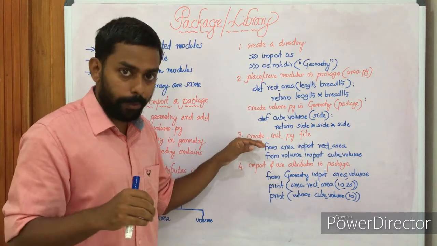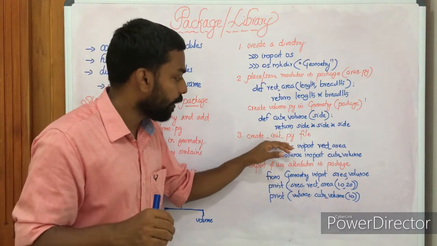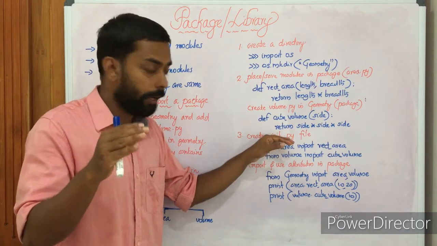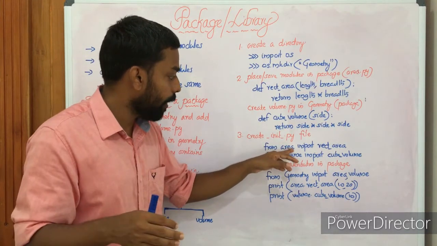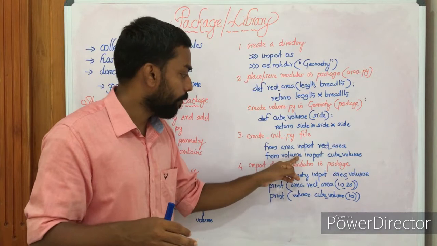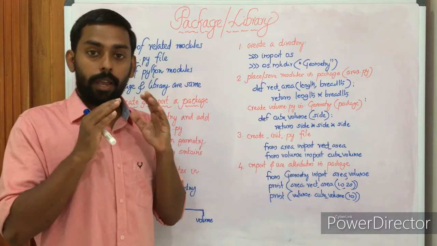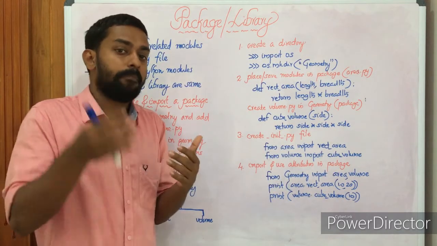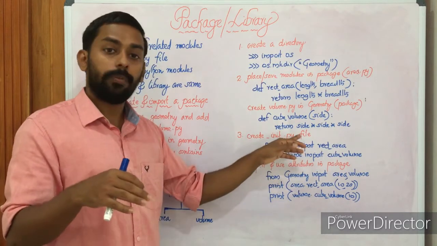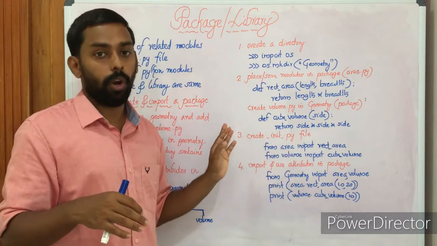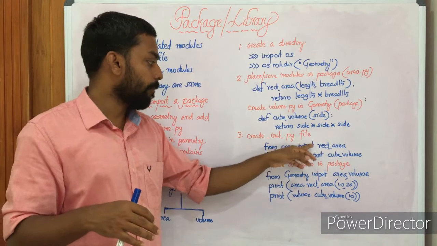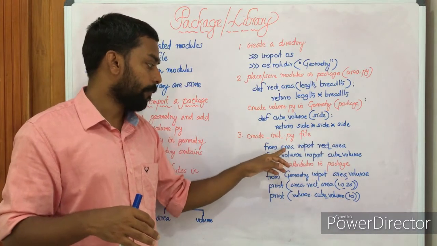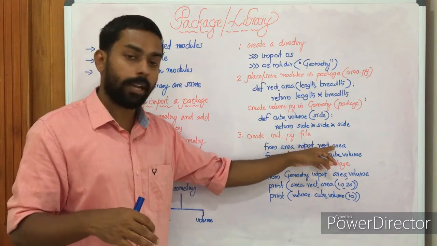So in the third step, we are creating a file called init.py, and in init.py you can see: from area import rect area, from volume import cube volume. We have just imported the attributes of area and volume, right? From area import rect area means from the module area we are importing rect area.